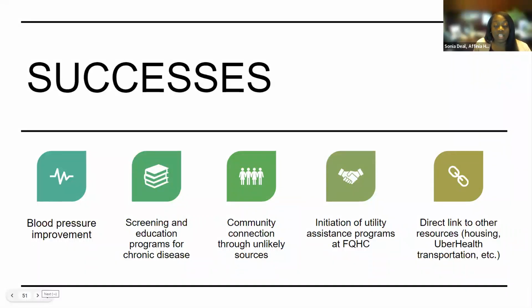So with Affinia Healthcare, we wanted to make sure that we were reaching out to those who were not only in need of housing, but those who were in housing that were having other needs that they needed to have met. One of the things that we did was we met with the Public Housing Authority, and we set up an event to announce the partnership between the housing unit and Affinia Healthcare.